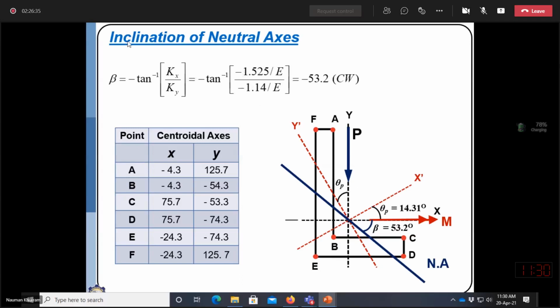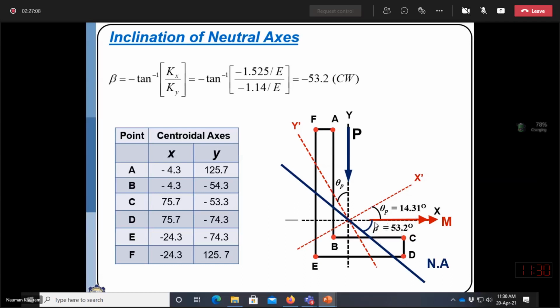If you want to determine the inclination of the neutral axis, beta is equal to minus tangent inverse of kx over ky. The answer will be minus 52.3. The minus sign indicates that the angle is in the clockwise direction from the positive x-axis, which is 52.3.